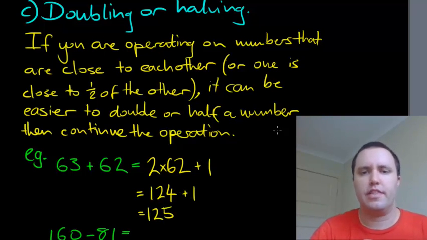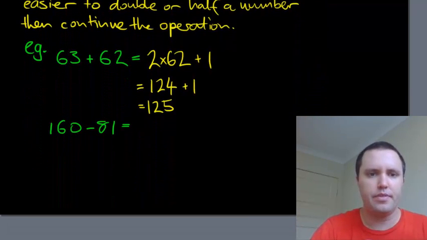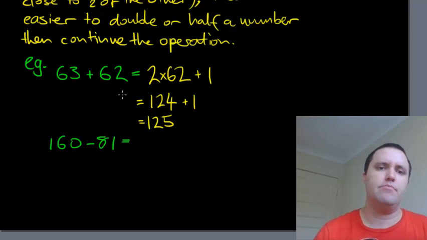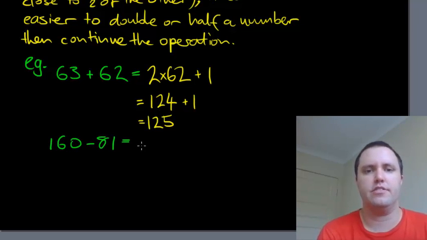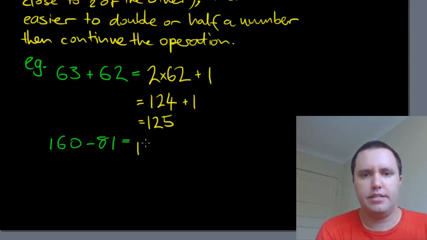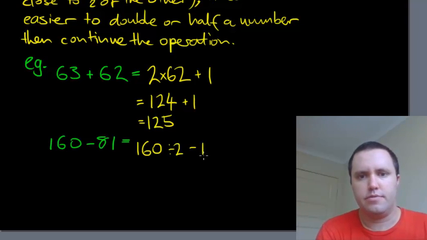Again, you could have just done that in your head maybe, but that's one way to sort of shorten it down. Right, here 160 minus 81, that's 80 is close to half of 160. So you could do 160 divided by 2, then subtract 1 from it.